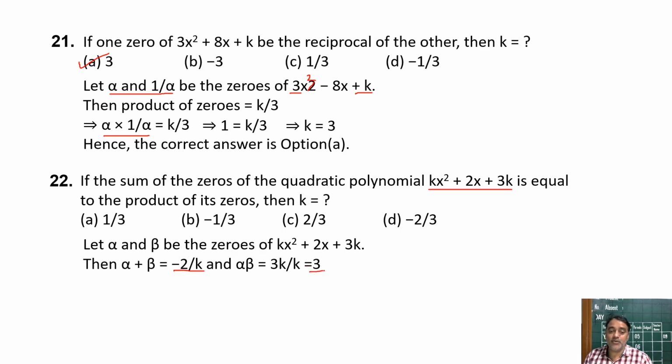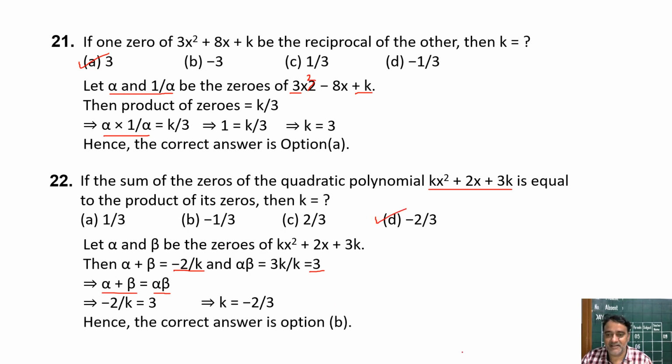Now according to the question it is given that the sum of zeros is equal to the product of zeros. That is alpha plus beta is equal to alpha beta. So this is nothing but minus 2 by k is equal to 3. So what is the value of k? Minus 2 by 3. Very good. So which option is the correct one? Option D. Right.